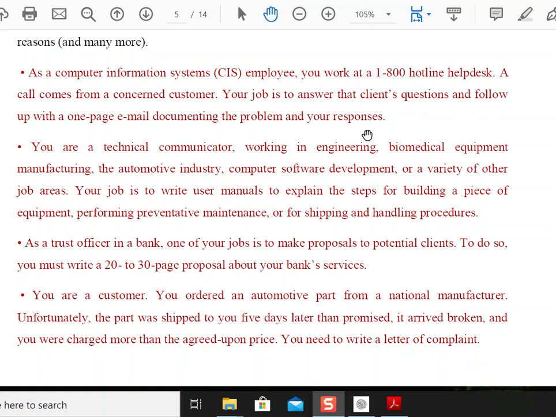This case is that, for example, you are working as a front desk in a computer information system, and some client, whether he's a patient or another one, calls you. You listen to his problem clearly, and then you transform that problem and other issues into a specific email.